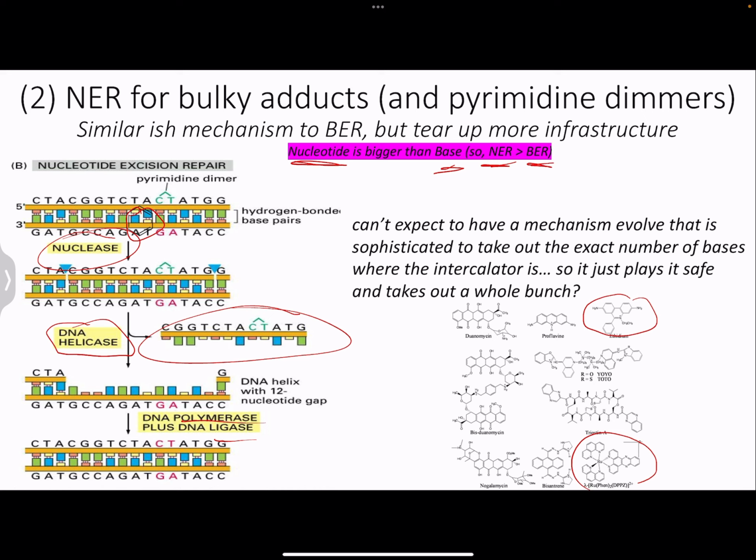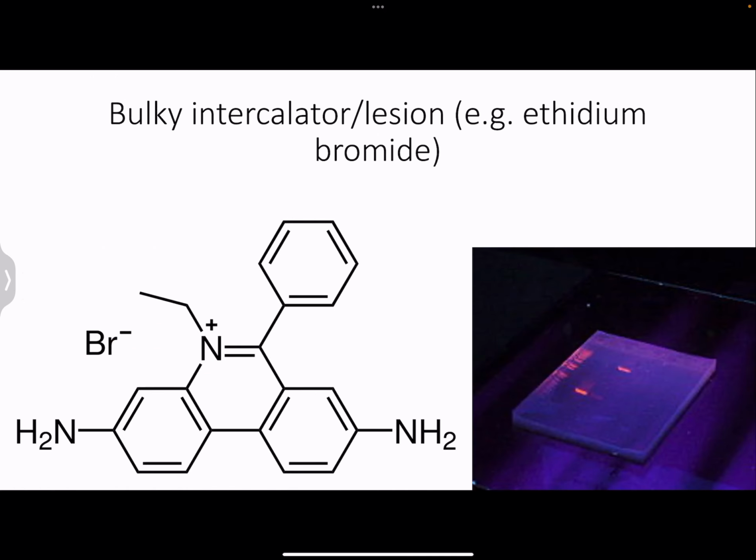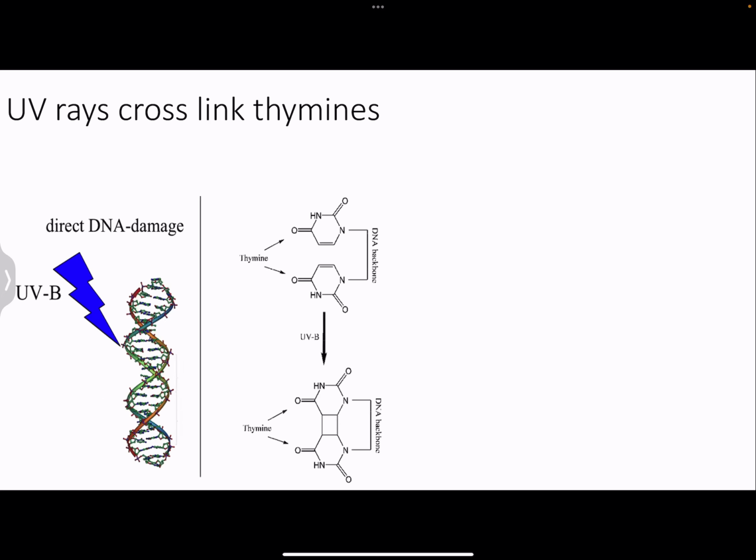So instead, it probably just rips up a whole bunch of the lawn just to be safe and then refills it, because it's not that hard and it's better safe than sorry. And it's too difficult to be incredibly precise with how much we need to take out. This is just one that you might make a connection of ethidium bromide to make gels fluoresce.